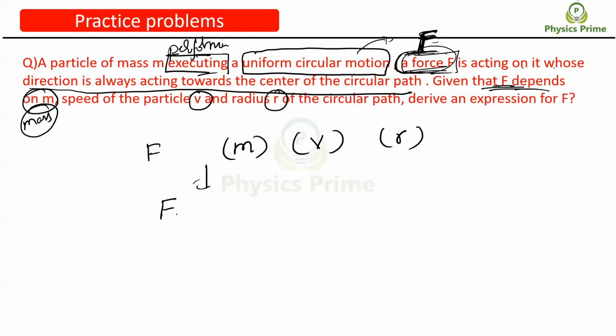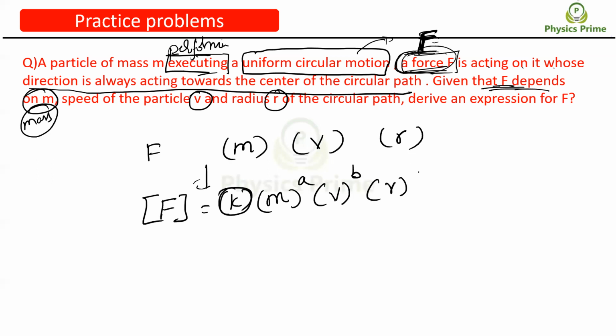But what I will do is this: the dimension of force is equal to a constant, and there are no dimensions for a constant. So I can write this as M power A, V power B, and R power C. If you find out A, B, C, then I can get the formula for force, right?